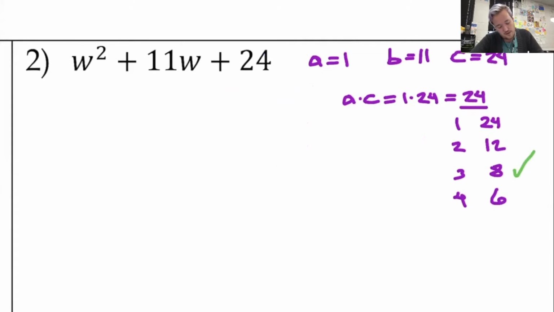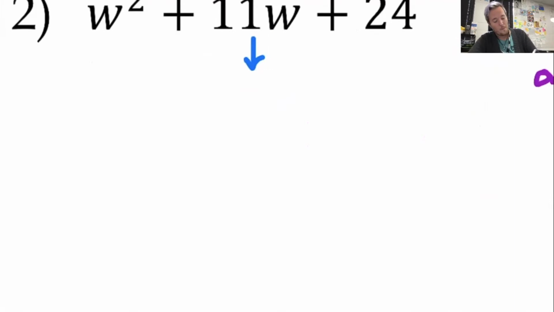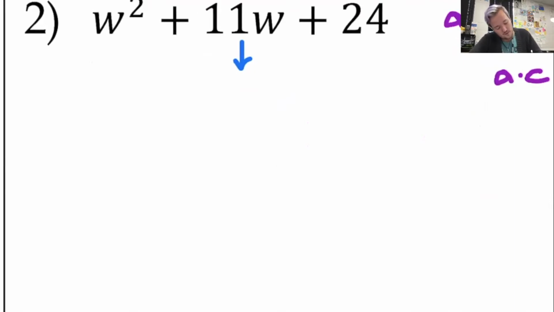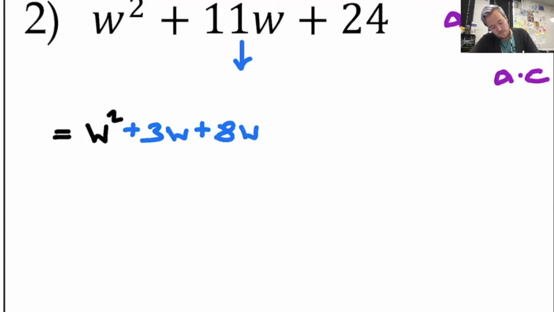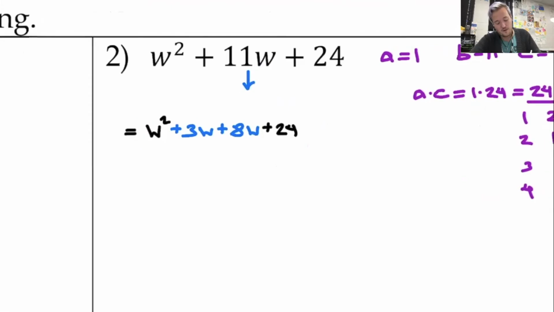All right, so now down here, I'm going to have W squared plus 3W plus 8W plus 24.